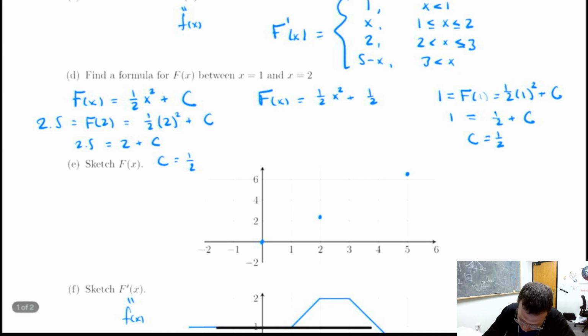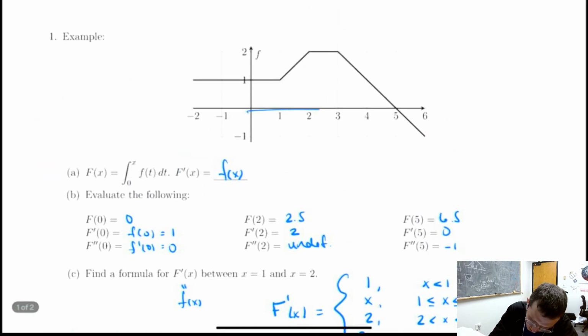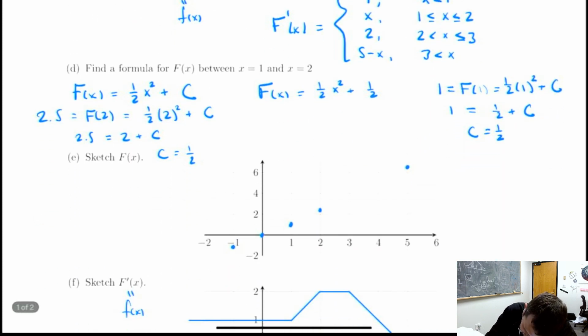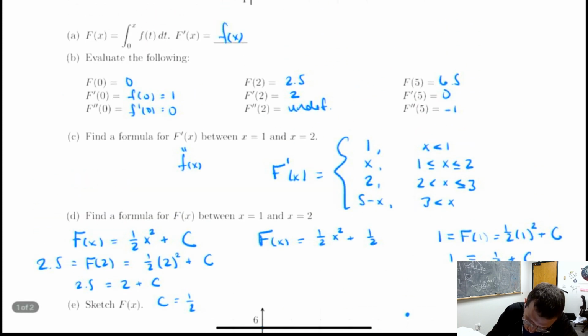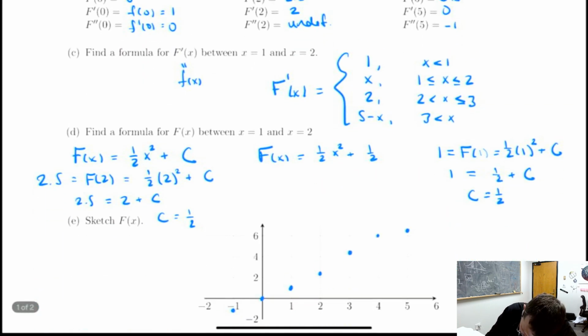I guess on the previous activity we computed that F of -1 is -1. We already know that F of 1 is 1. F of 3 would be this area, which I can see is 4.5. F of 4 is 6.